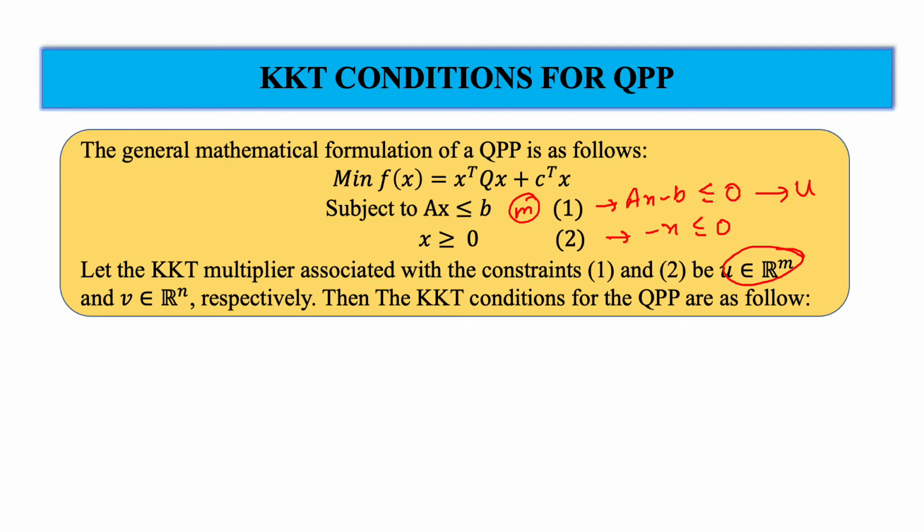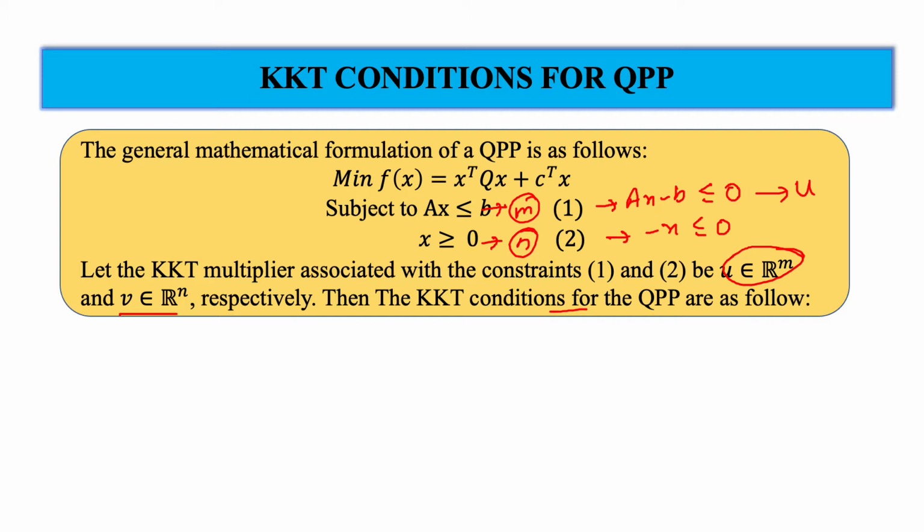We have n constraints, one for each variable. So the number of KKT multipliers required is v, of n numbers. So m for these constraints and n for these constraints. So a total of m plus n KKT multipliers are required to find the KKT conditions for the quadratic programming problem.